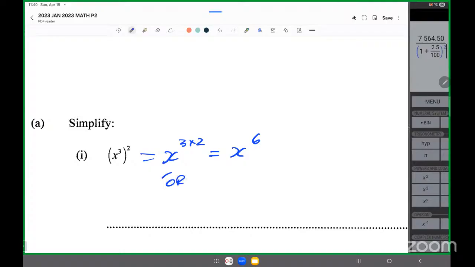Or we could write it as x cubed times x cubed. That's what the square means. And then when you multiply with the same base, you add the powers. So it will become x to the 3 plus 3. I'm showing you another way to do it. Which then still is x to the 6th power. So either way, the answer is the same, x to the 6th power.